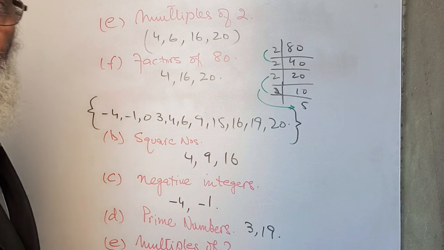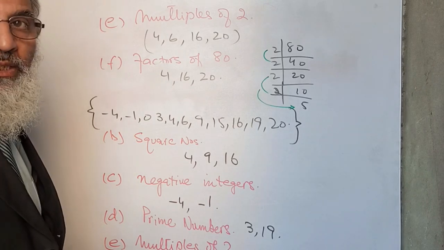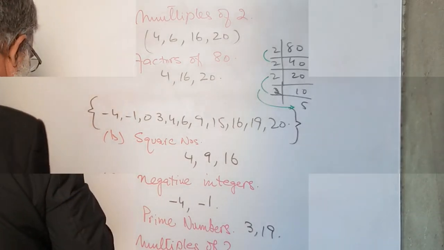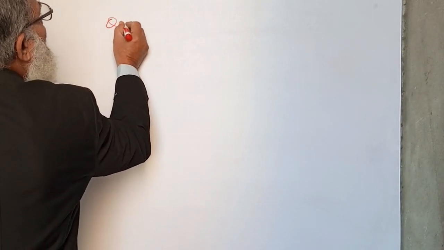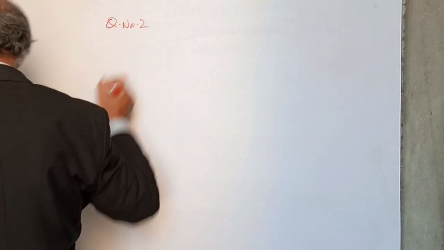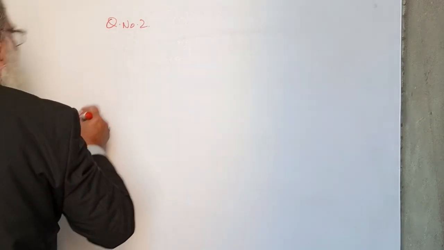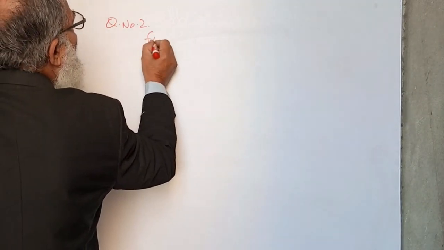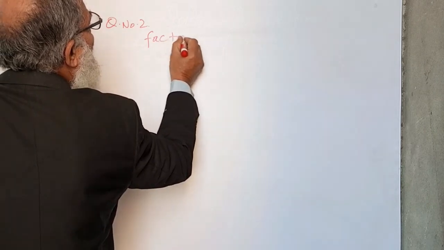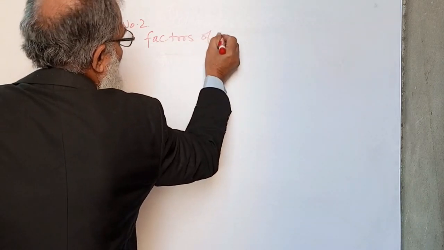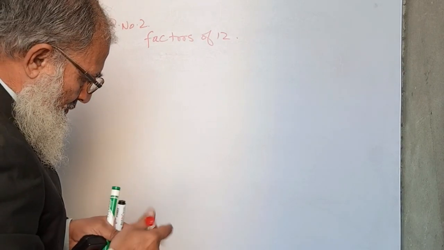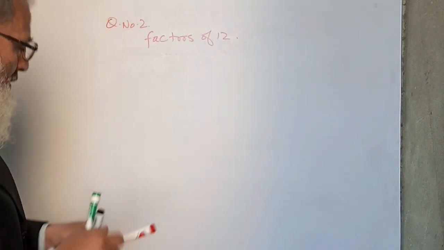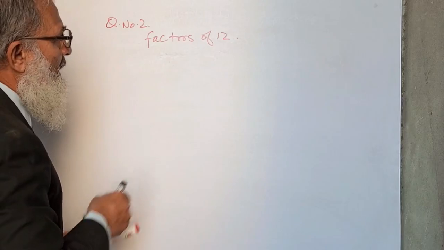Let us proceed to the next question, and that is question number 2. List all the factors of 12. We have to write the factors of 12. It is very simple again.